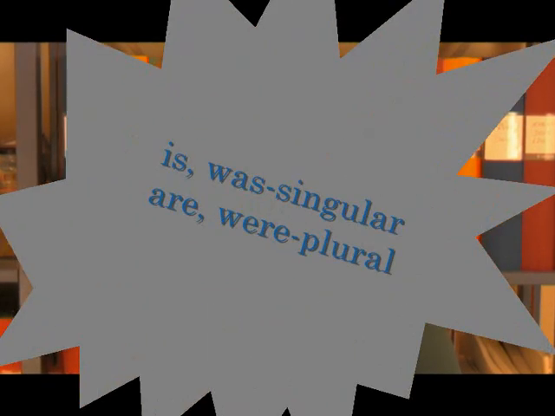If you're unsure whether your verb is singular or plural, just to remind you quickly, is and was are singular, are and were are plural.